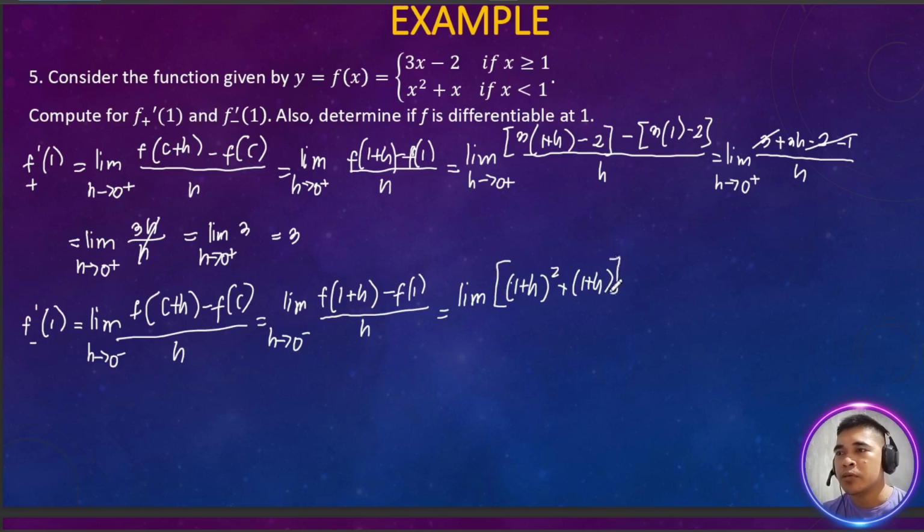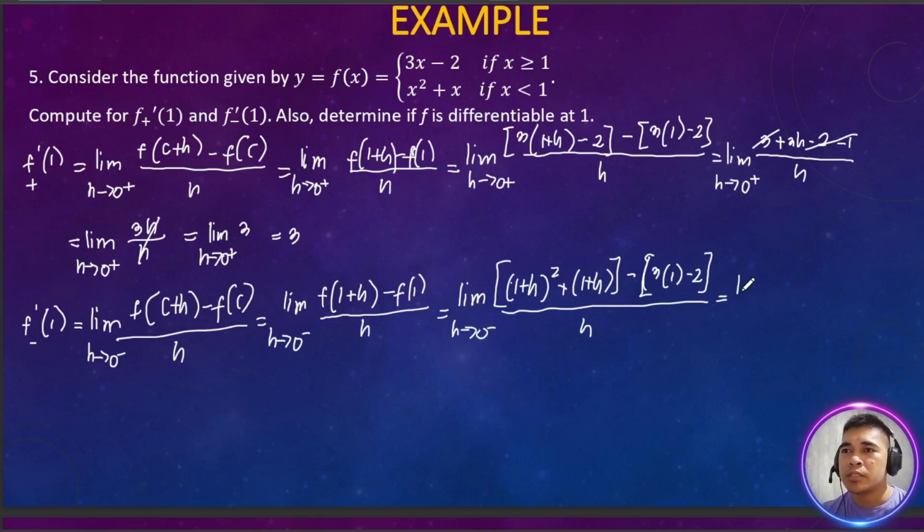And then minus f of 1. Here, instead of x squared plus x, we are going to use 3x minus 2 since x is equal to 1. So we got 3 times 1 minus 2 all over h as h approaches 0 from the left. So proceed, limit.